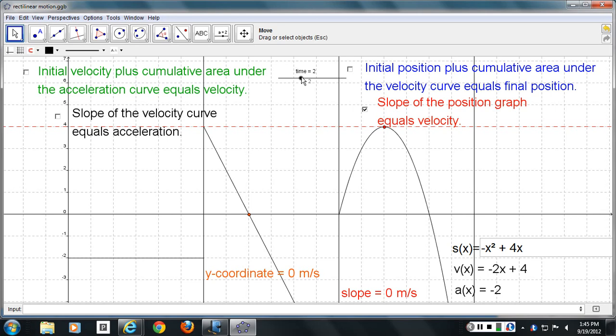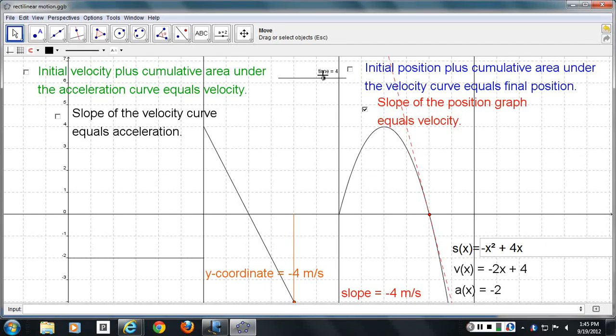So it's going to go for another second, and a second later, it's back down only 3 units above the 0 point. And then we're going to just let 1 more second go by, and after 1 more second, the particle is back at 0. So that's what it does. In 1 second it goes up 3, and the next second it goes up 1, in the next second it goes down 1, and the next second it goes down 3.